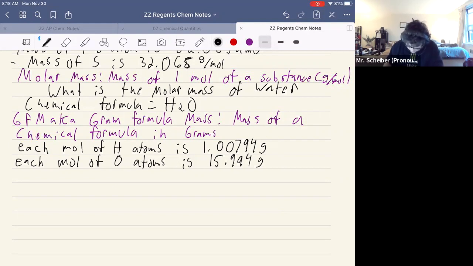So to find the gram formula mass, what we're going to do is simply find the sum of everything.